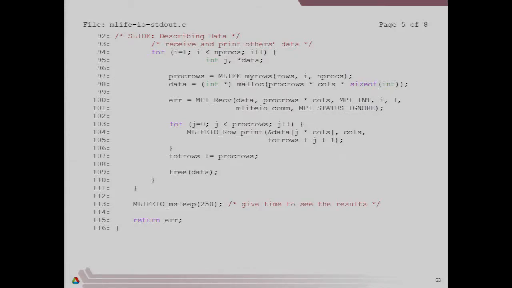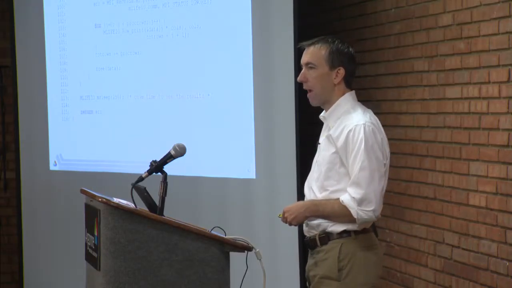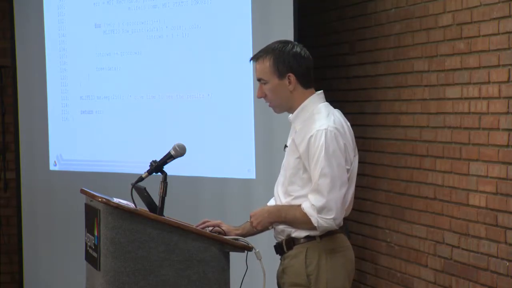This is just so I didn't have to calculate the maximum amount of data I needed for any process. I was just lazy. And so that's it. Rank 0 prints everything for us. We have a little sleep down here in case you decide to run this for fun. It pauses long enough that you can see what's happening, because otherwise it's not a very interesting application to watch.